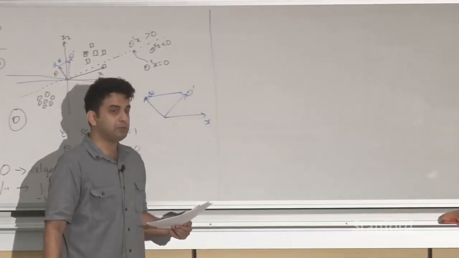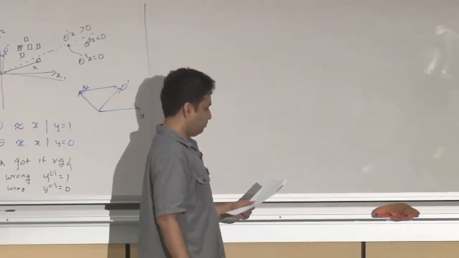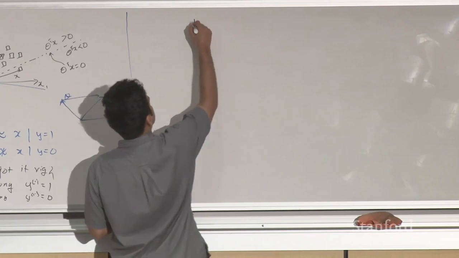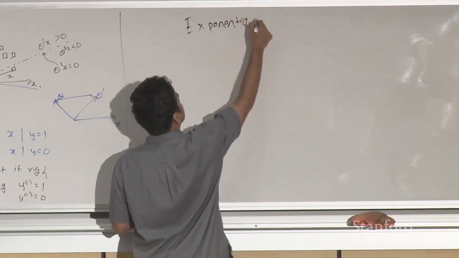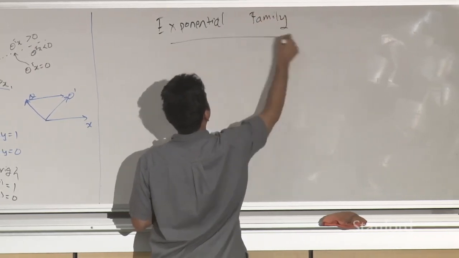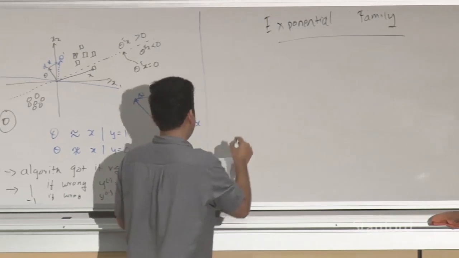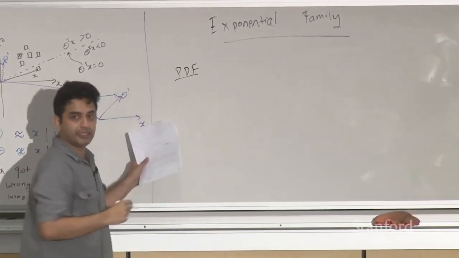So an exponential family is one whose PDF can be written in the form, by PDF I mean probability density function.